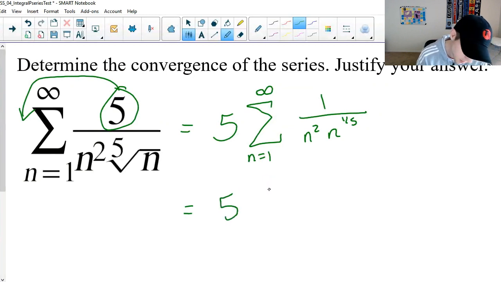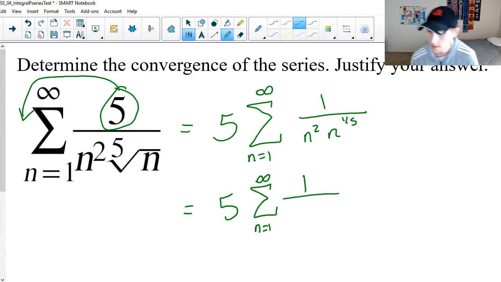So it still doesn't look like a p-series, not exactly. So I'm going to keep going here. And I'm going to combine the n squared and n to the 1/5. So 2 plus 1/5.